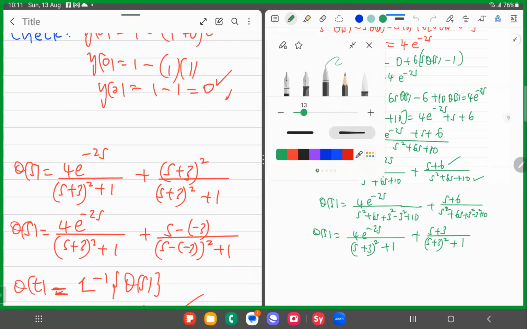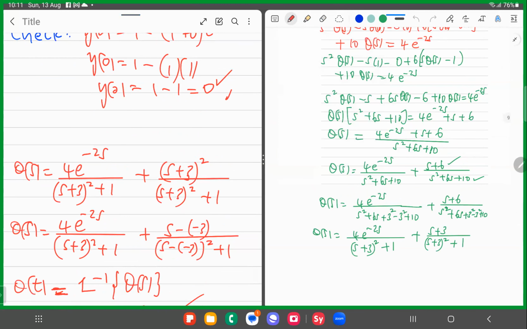This one is s plus 6, which is the original question. Obviously here, I actually had to write it as plus 3, because it's plus 3 plus 1. And the 6 can be written as a plus 3 here.